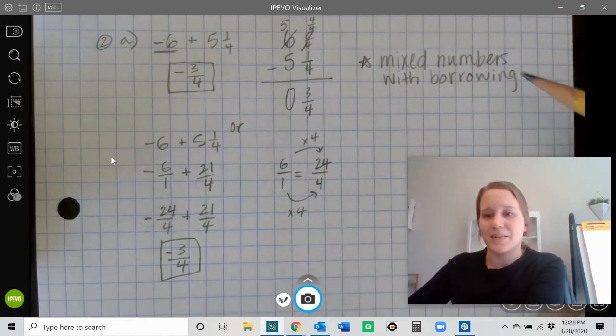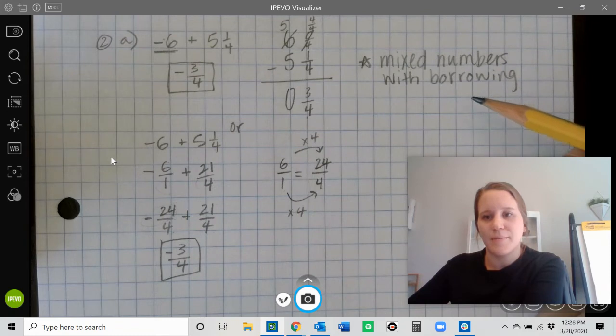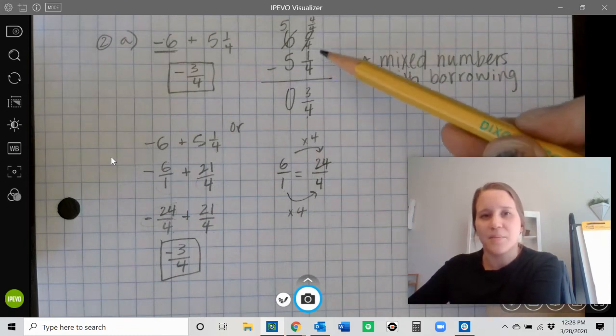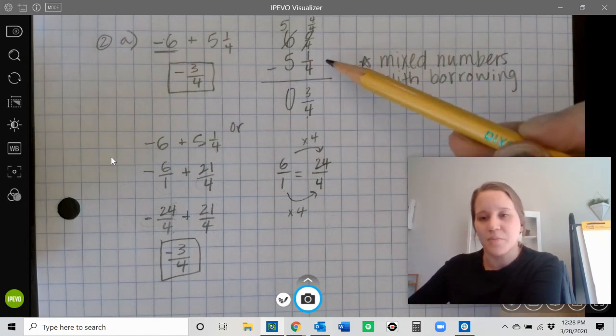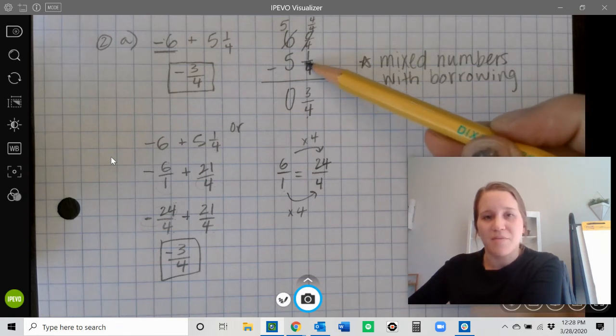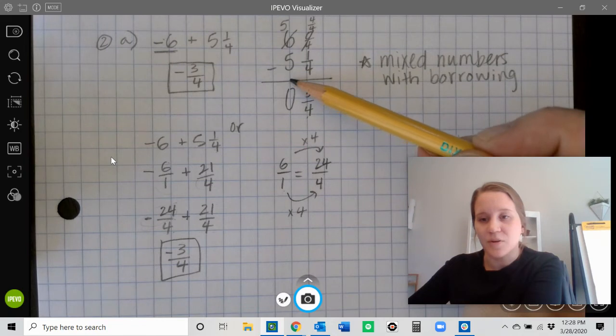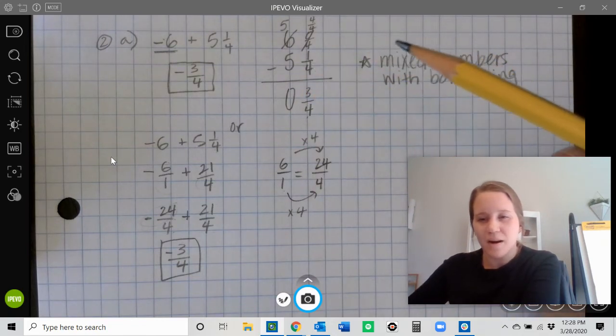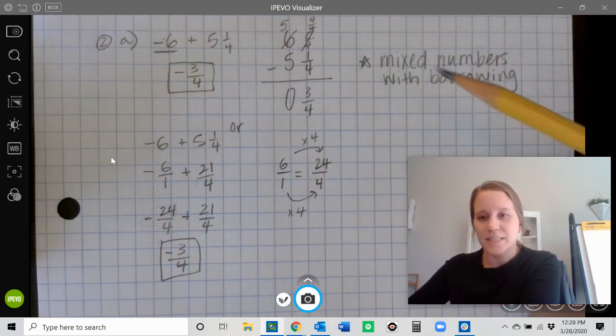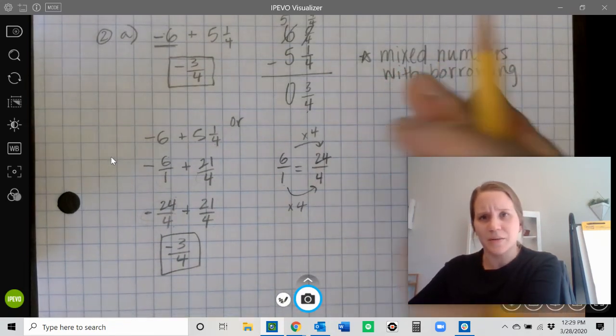This strategy is especially good if you have numbers that would be hard to find a common denominator for, an improper fraction for. If you have a large denominator or a large whole number, that would make it easier to make a mistake on those big multiplication problems. This one, it wasn't so bad.